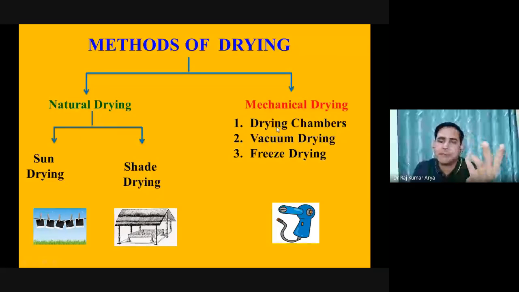Freeze drying: sometimes you need freeze drying to retain the nutrient value of the food material. Food, bioproducts, and drugs go for freeze drying, because in that case you are not permitted to go beyond, let's say, room temperature. If you do room temperature drying, it may not give perfect drying, so you go to freezing in that case.